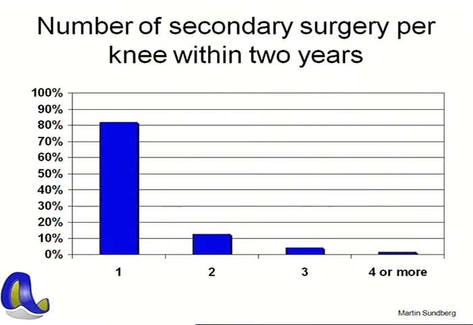More than 80% of the knees that required secondary surgery had only one further operation, either a revision or a reoperation. Knees with more than one secondary procedure were in more than 95% of the cases infected knees.